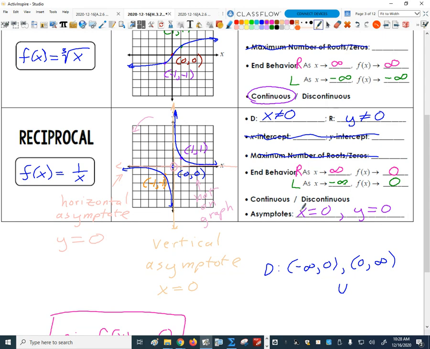So the asymptotes are the horizontal line and the vertical line that the graph pushes up against but never reaches. Notice that the point of intersection of the asymptotes is the origin, and that's really the most important point in graphing this thing, that point of symmetry, okay?